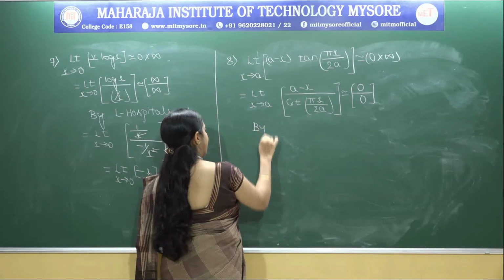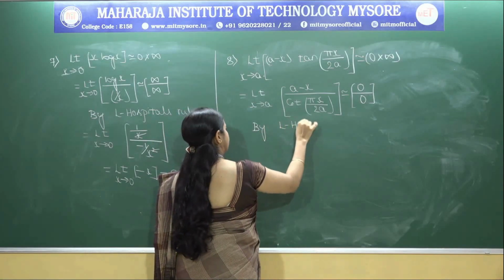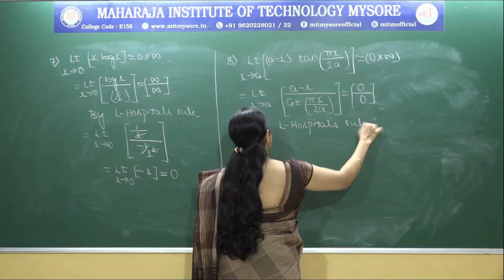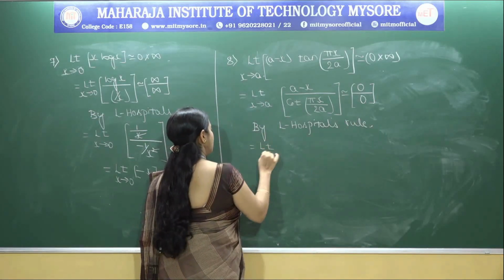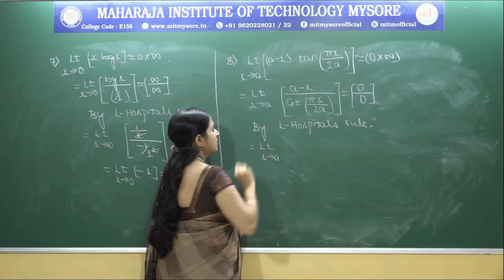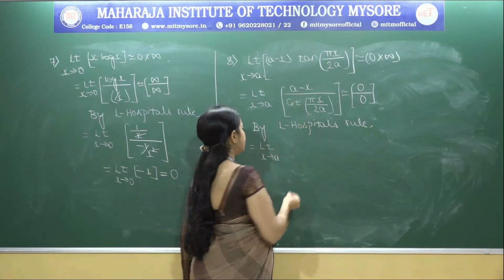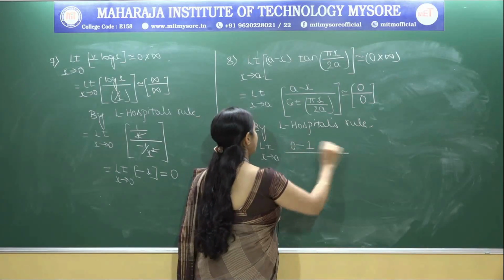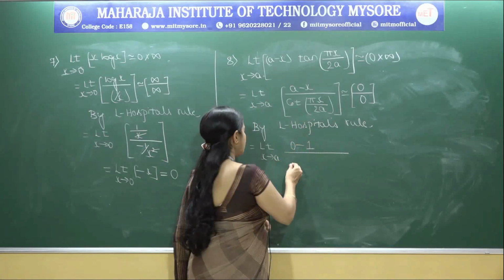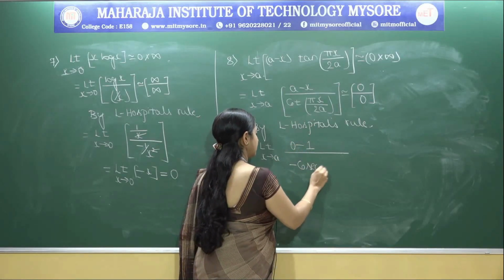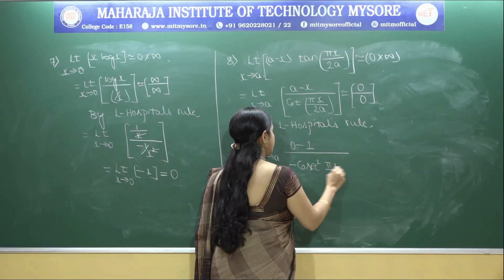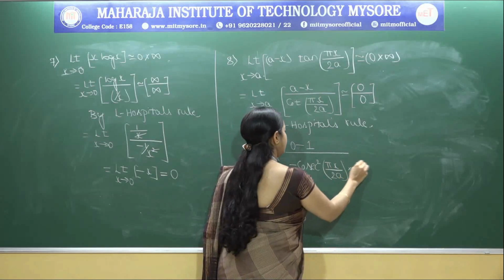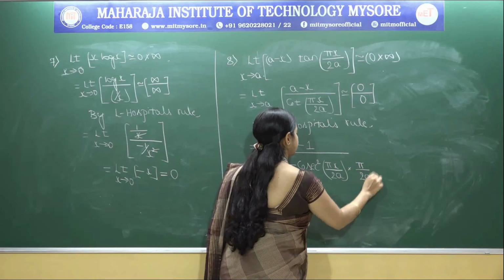By L'Hospital rule, limit of x tends to a, since a is constant, the differentiation is 0, x differentiation is 1. Denominator cot x differentiation is minus cosecant square x, and differentiating pi x divided by 2a, you will get pi divided by 2a.